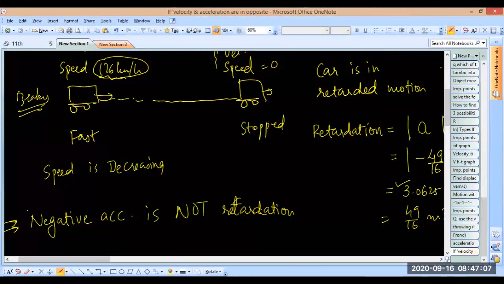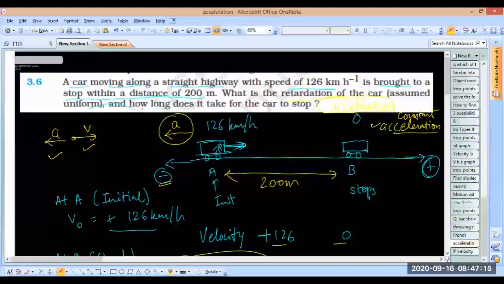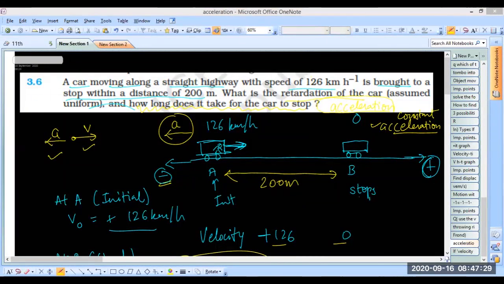So now let's find the answer to the other part. This part: how long does it take for the car to stop? How long means what is to be found? Time. Yes, correct, well done, Nandini.